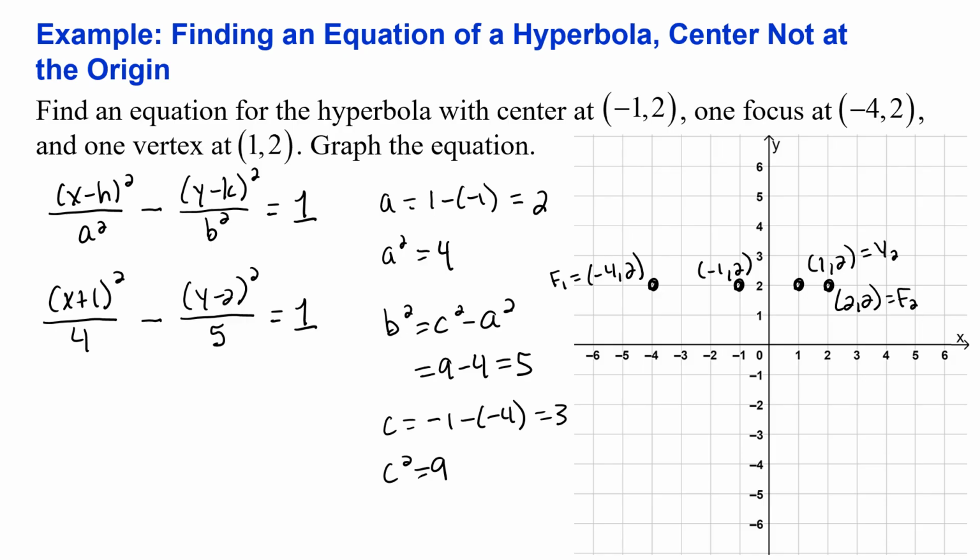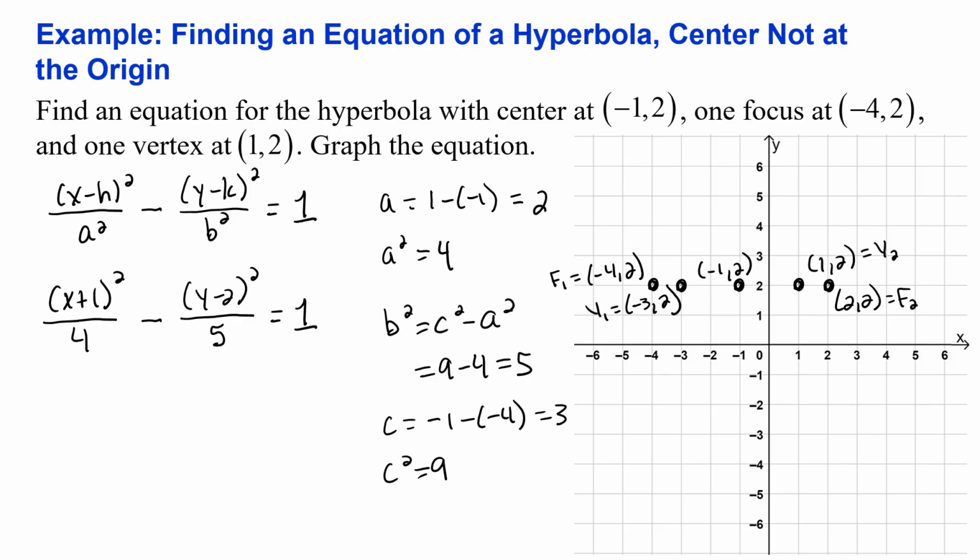We calculated the distance from the center to this point to be a equals 2. And since the given vertex is to the right of the center, the other vertex will be 2 units to the left of the center at the point -3, 2, which we will denote as v sub 1. Now we want to sketch the box or the rectangle that will aid us in drawing the asymptotes.